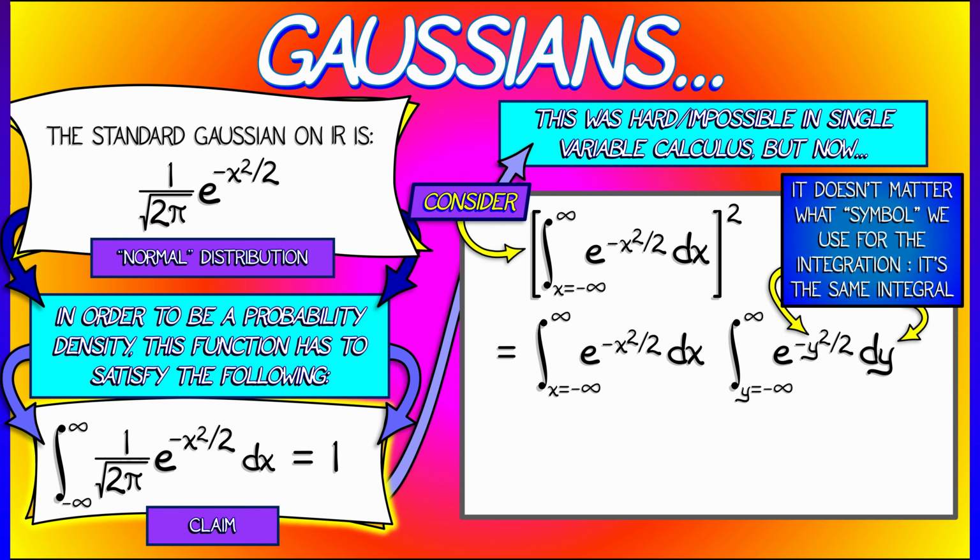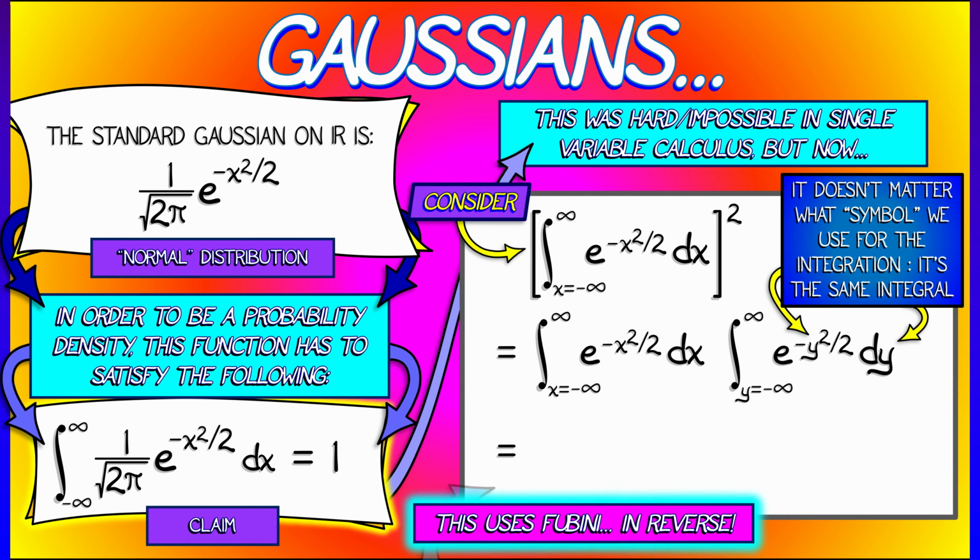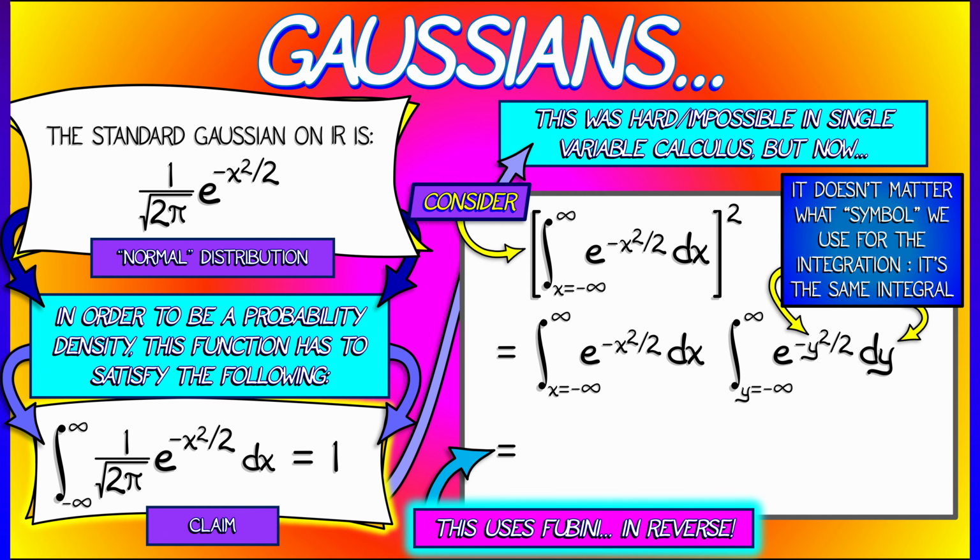And here comes the part that is a bit subtle, a bit tricky. We're going to use the Fubini Theorem, but in reverse. We're going to convert these two single integrals into a double integral, thinking of them as an iterated integral. As a double integral, this is over the entire xy plane, as x and y both go from minus infinity to plus infinity, and then the integrands multiply together.